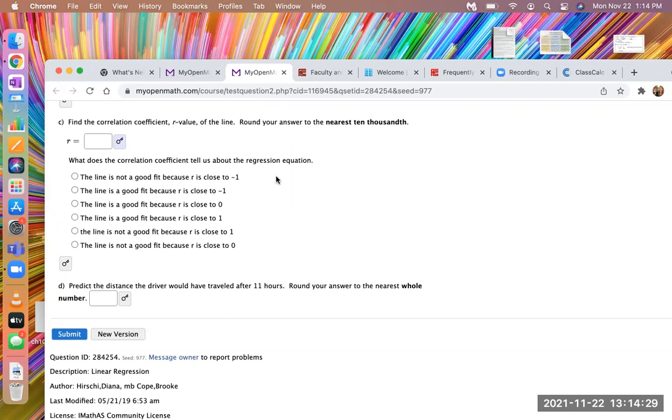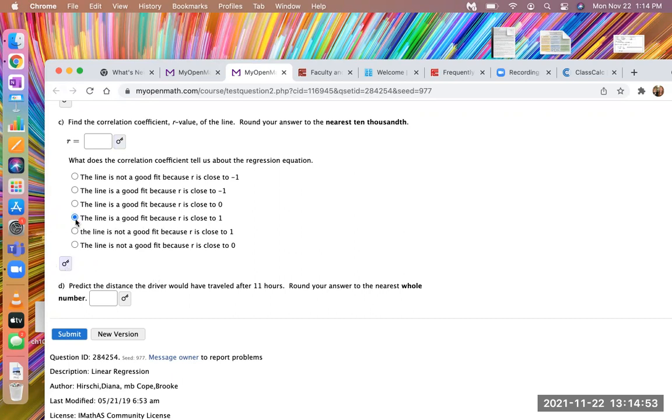You can also look at the fact that this is a positive R, so it's really close to +1. So I would say the line is a good fit because R is close to +1. So that's the one we want.